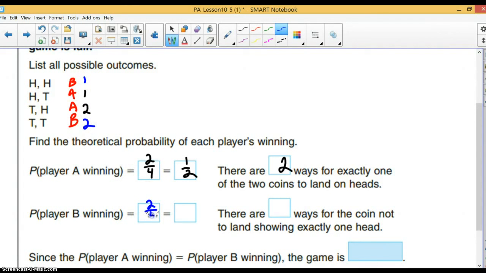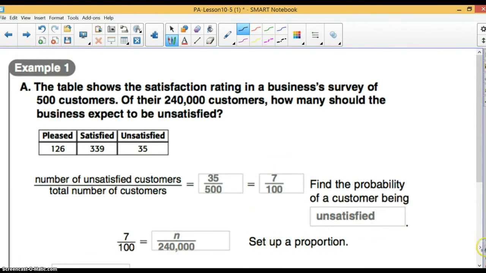So we get 2 over 4, which is the same as 1/2. And those two fractions are the same. So because the probability of player A winning is the same as player B winning, the game is fair. And that is all we need to know in order to judge whether or not a game is fair. Do both players have the same chance of winning?